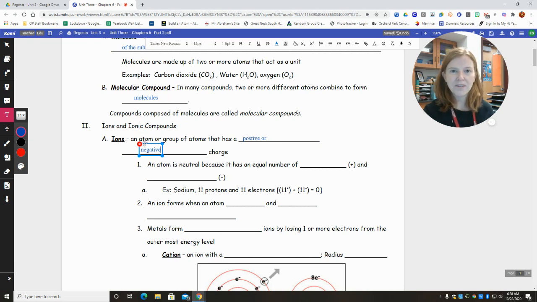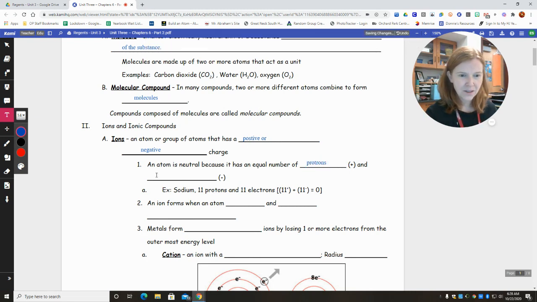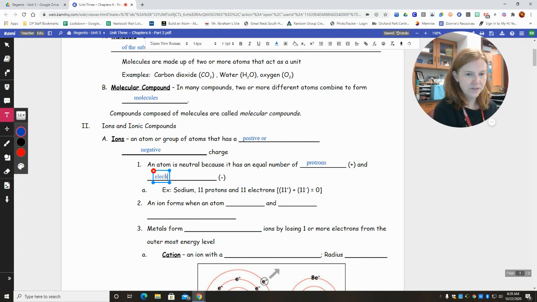An ion is when you have something that has either gained electrons to become negative or lost electrons to become positive. So when we use the word atom, an atom by definition is electrically neutral, which means that it will have an equal number of protons and electrons, okay? By definition, if we call something an atom, the protons and the electrons are the same.